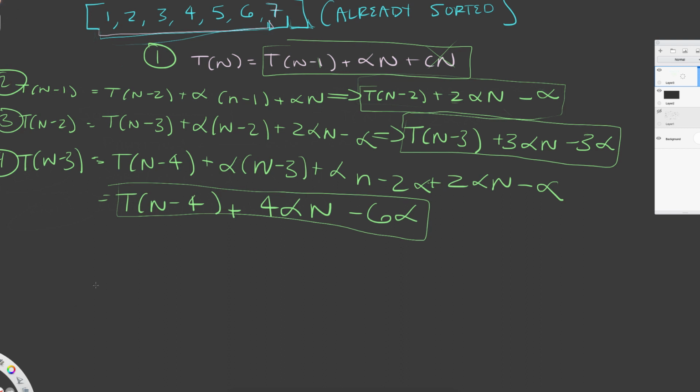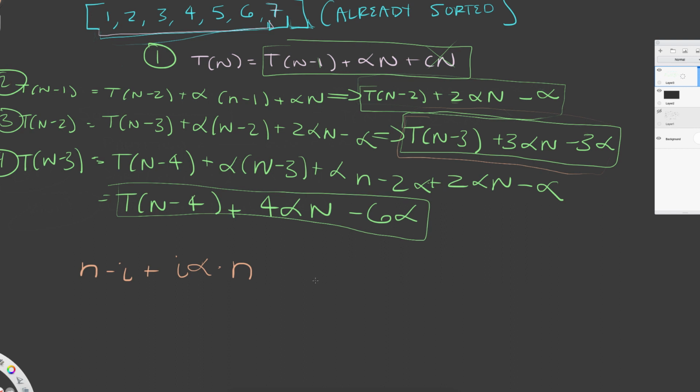What I'm actually seeing is something like T(n-i), and then we are adding the same i, multiplying by alpha, and we are multiplying by n.